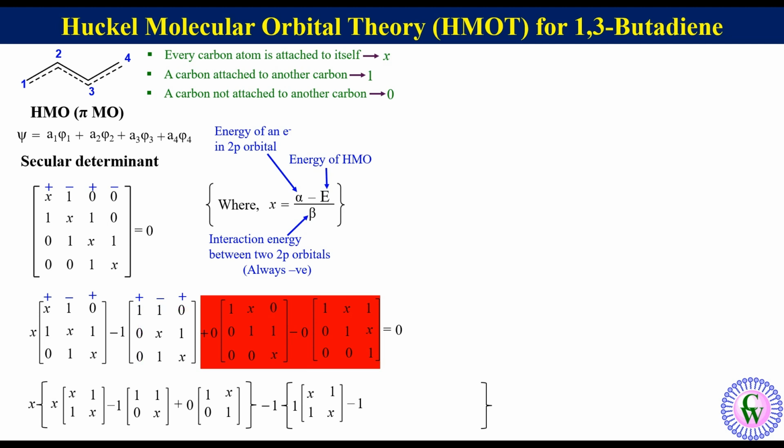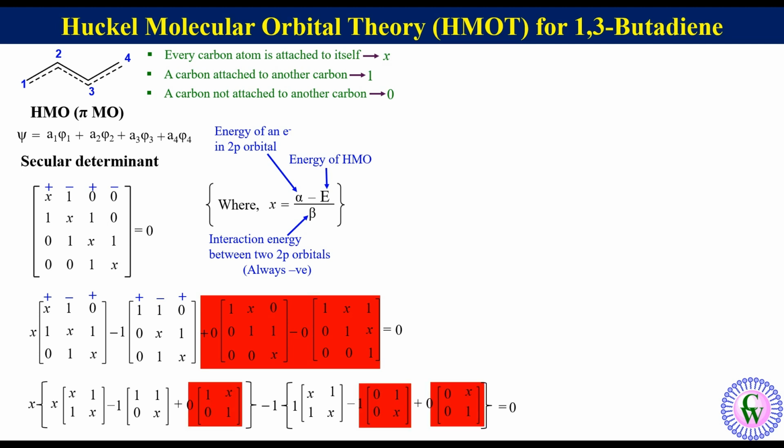Minus 1 multiplied by 2 into 2 matrix that will be formed by ignoring figures in front of 1, that will be 0, 1, 0x, plus 0 multiplied by 2 into 2 matrix formed by ignoring figures in front of 0, that will be 0x, 0, 1. These all will be equal to 0.